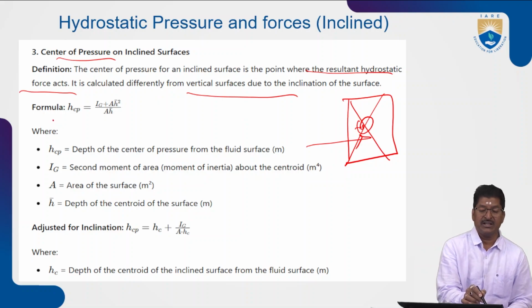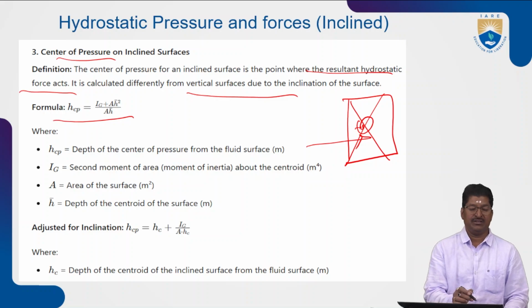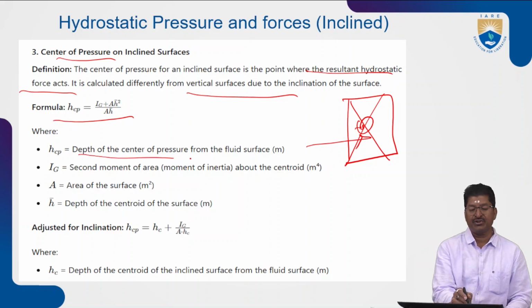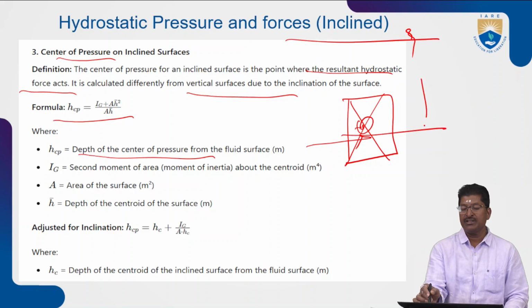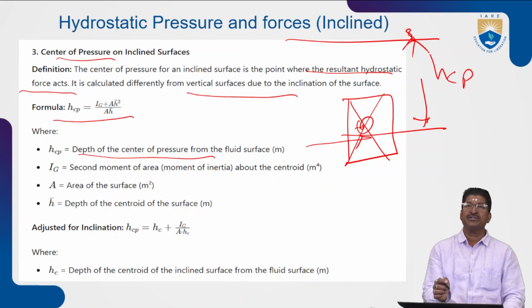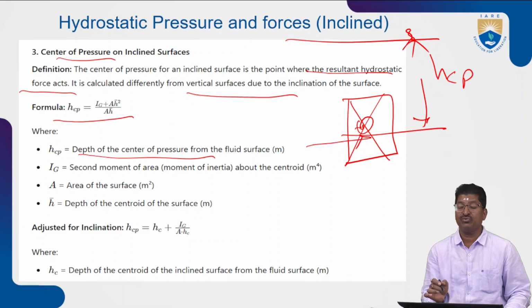The formula is here, HCP. HCP is the height of center of pressure, equal to Ig plus A h bar squared, divided by A h bar, where HCP is the depth of center of pressure from the fluid surface. That means HCP is the vertical height from the fluid surface to the point where the resultant force of the fluid is acting.